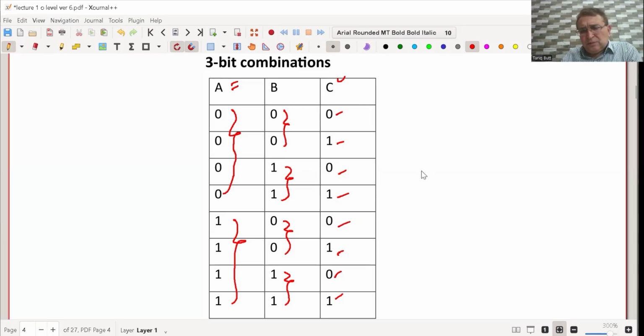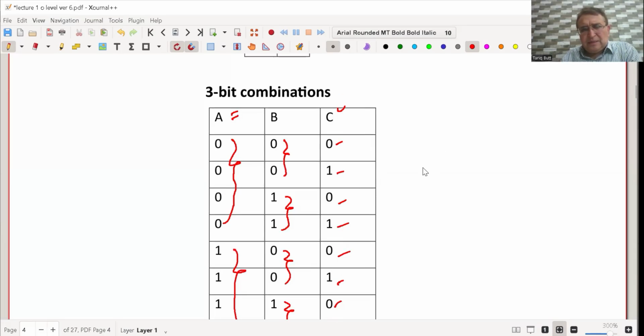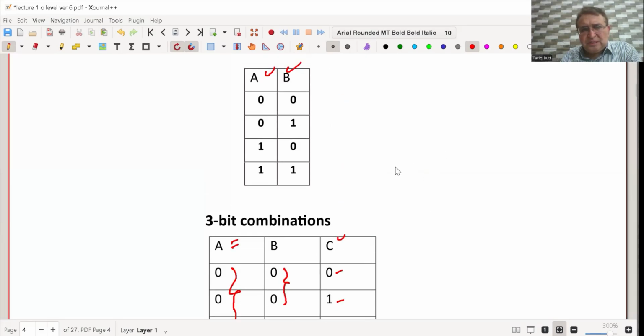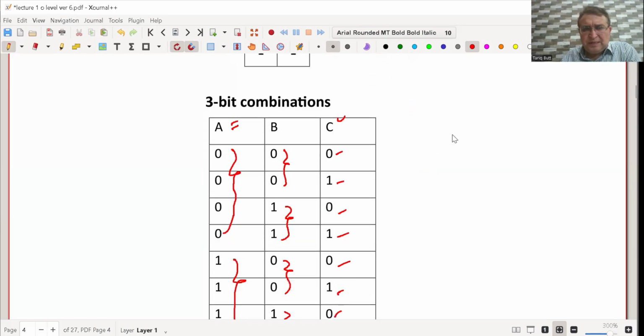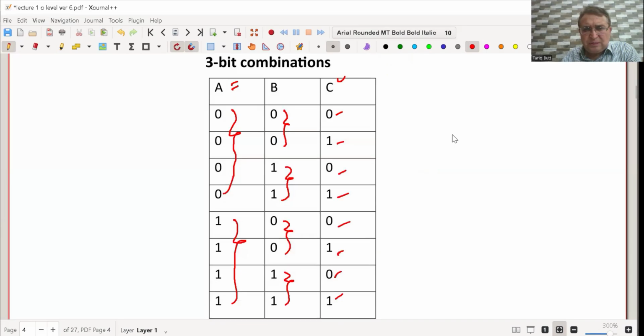Fine. So we had seen that if we have 2 inputs, for that we have 4 combinations. It means 2 raised to 2 is 4. Similarly, if for some circuit we are having 3 inputs, so while making its truth table, we have to write down 8 possible combinations shown in this table.